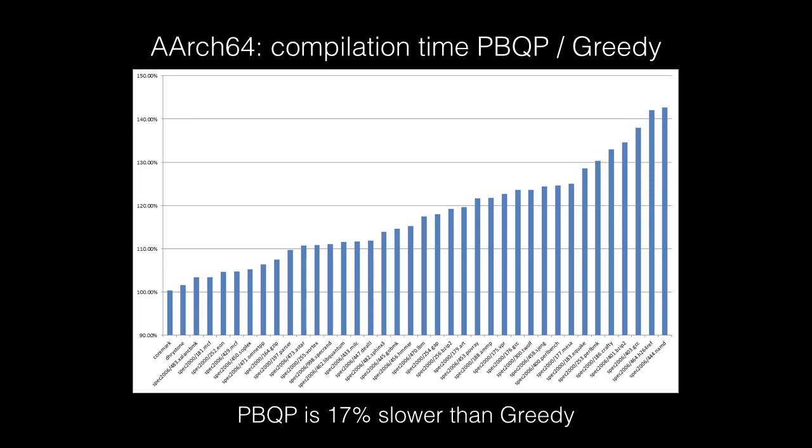So it's acceptable if we can have a better allocation quality. So how do we measure allocation quality? There are several metrics out there, but the one which I have chosen for this presentation is the one which we all care about in the end, and that's execution speed. So with the PBQP, how fast is my executable compared to an executable generated with a greedy allocator?